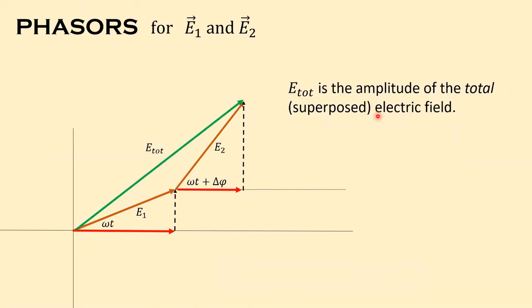Okay, here comes the cool part. What are we even doing here? That's always a legitimate question. We're trying to calculate the intensity anywhere on the screen for any y-coordinate, not just the bright fringes or the dark fringes. Well, the intensity comes from the square of the total electric field. If we want to know the total intensity anywhere on the screen, we need to know the total field.